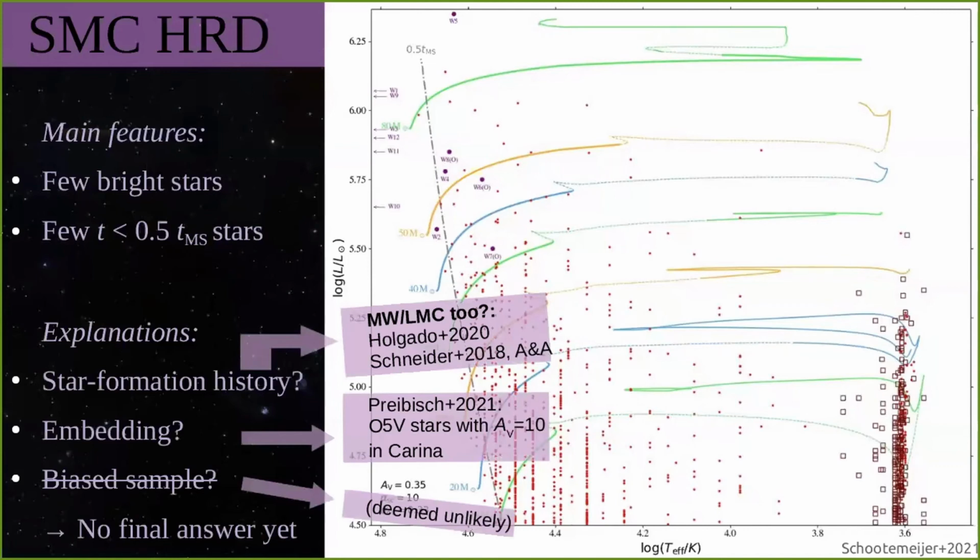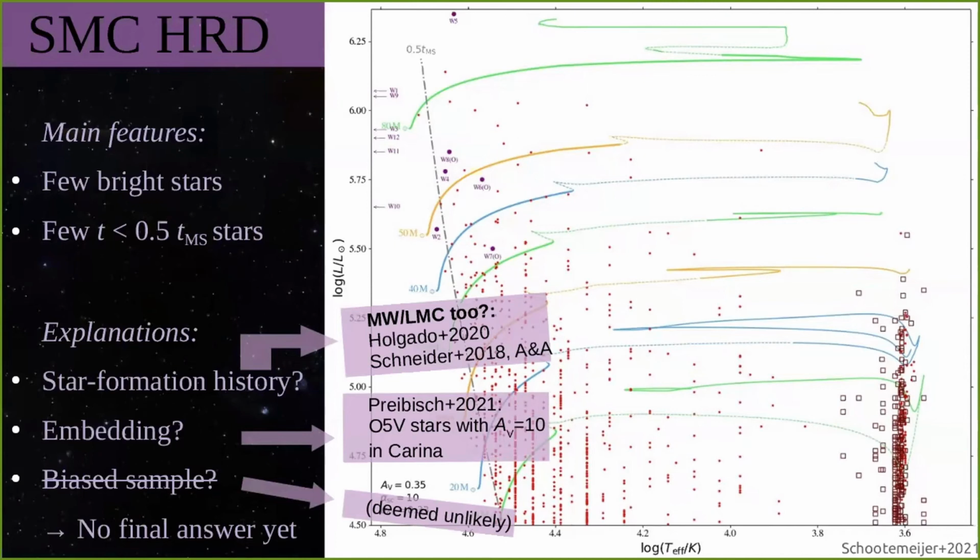Let's discuss a few possible explanations for both features. It could be that the star formation history is special, meaning that between 5 and 3 million years ago, the star formation has suddenly basically stopped in the entire galaxy, which could naively explain both features.